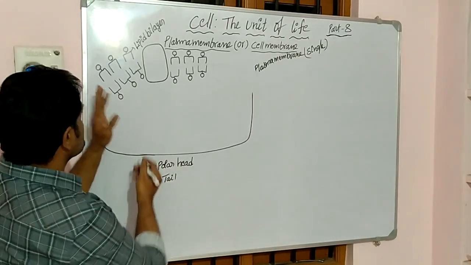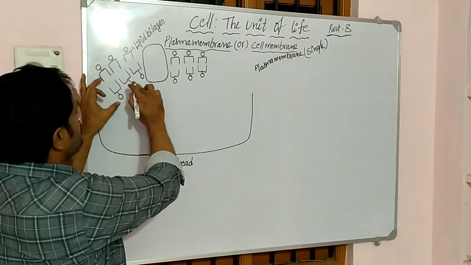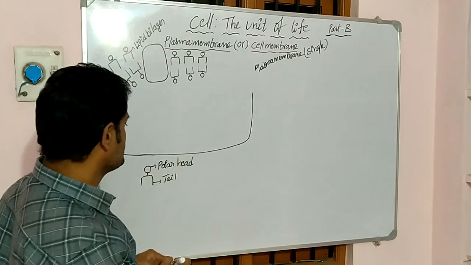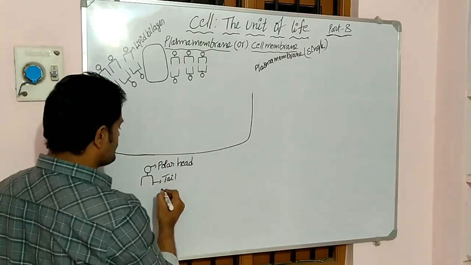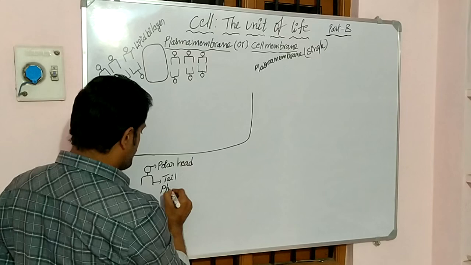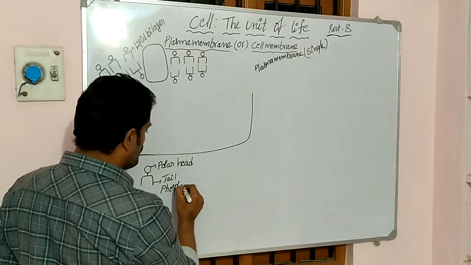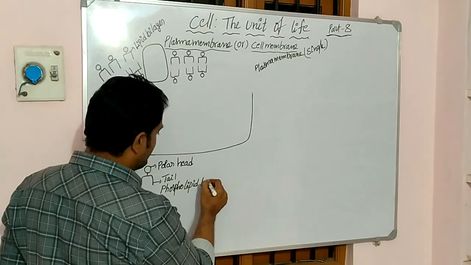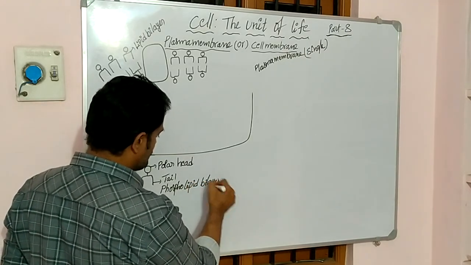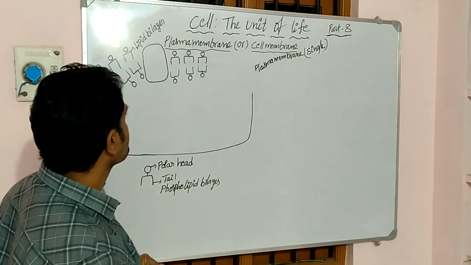So this is one outer layer, this is the inner layer. Two lipid layers are present. So this lipid bilayer is also called the phospholipid bilayer. Phospholipid bilayer.